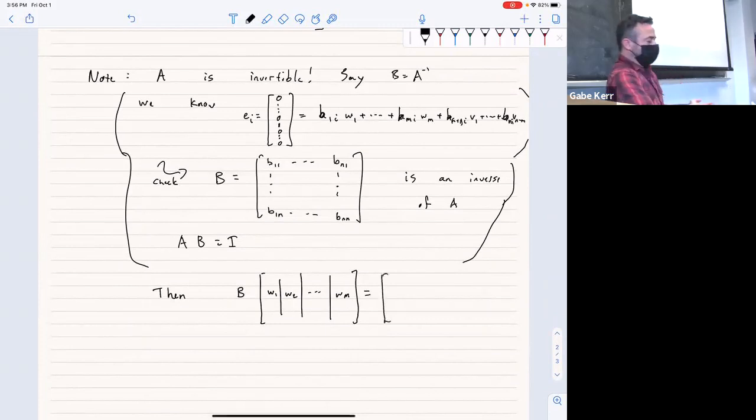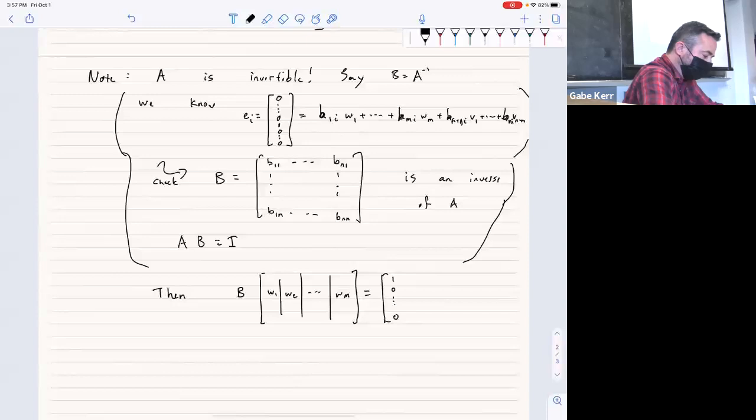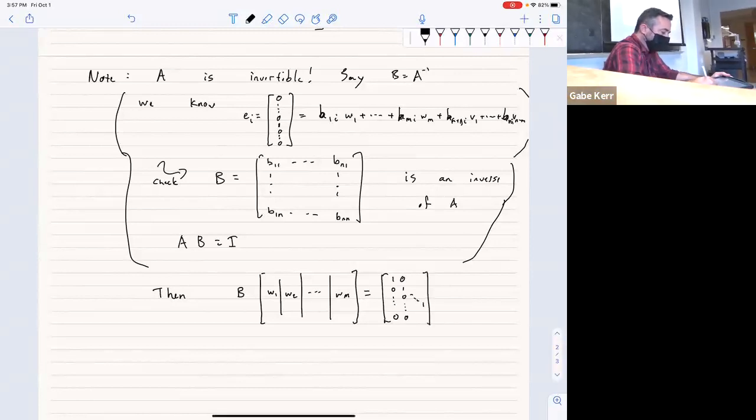Well, you'll get just the part of the identity. You guys tell me what you expect. 1, 0, 0. But you'll stop at M here. This will be an M by N matrix, and then you have this part, which has N minus M.